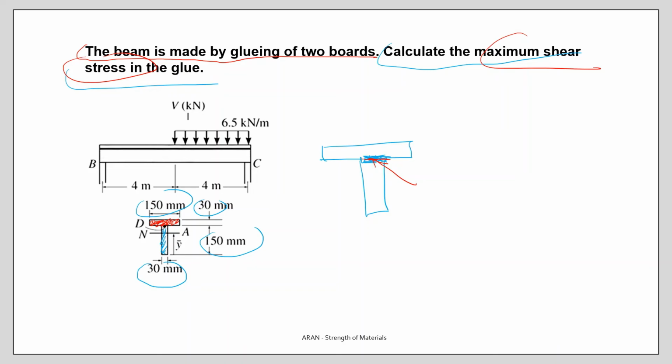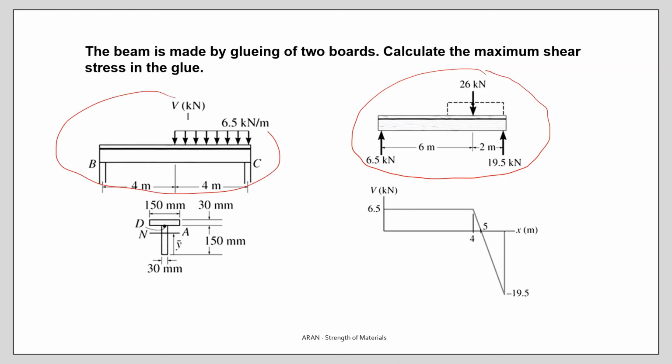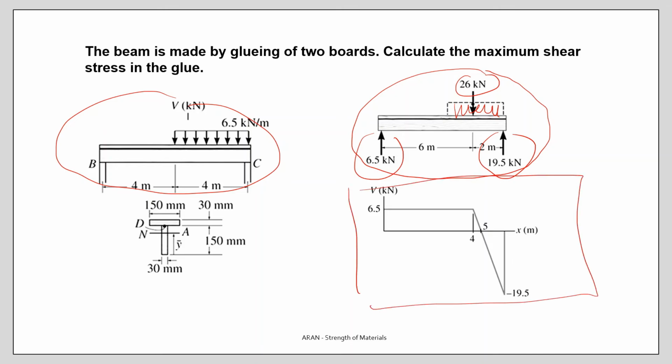First, this is my beam. The acting force is a distributed load. Instead, I put this equivalent force and calculate the support reactions. So this is the V diagram of the beam. We see that at point B, the shear force is 6.5.